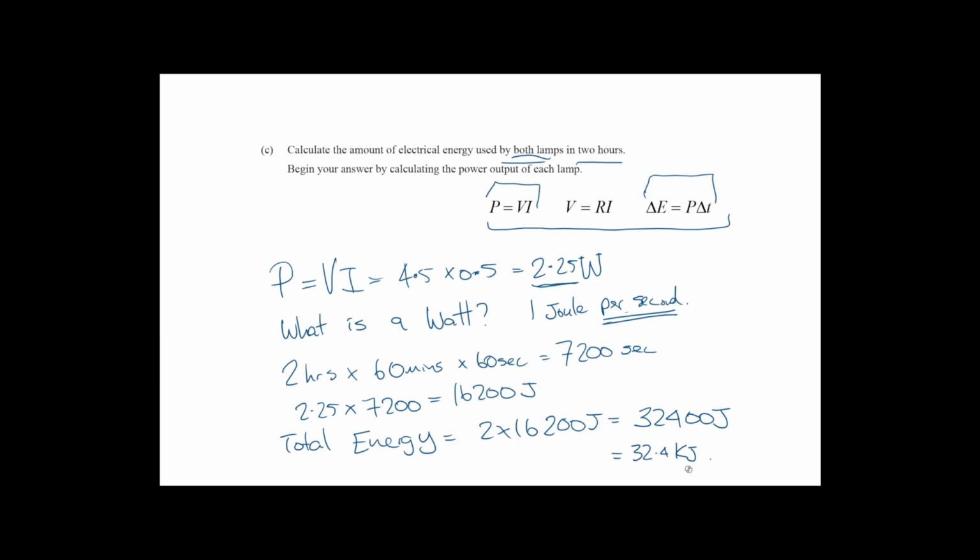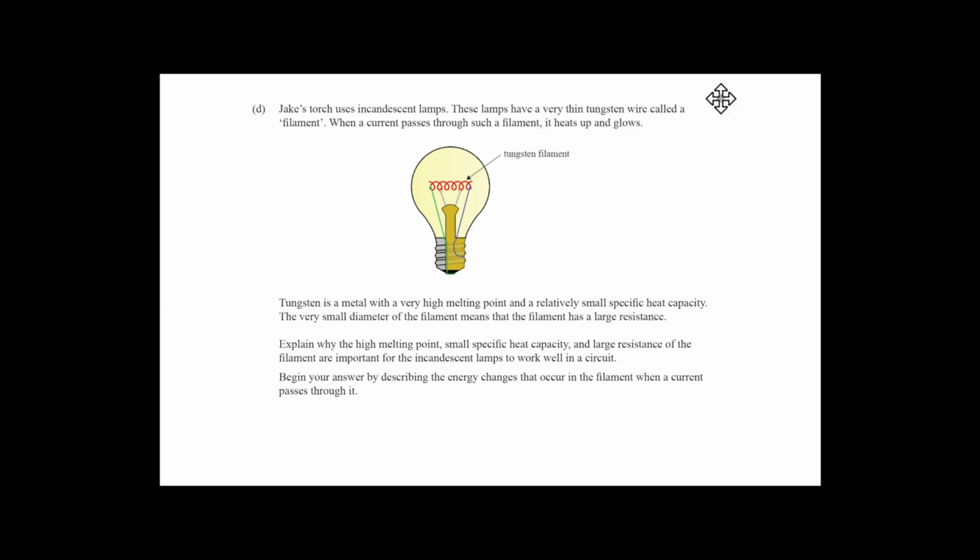I like that question. So now Jake's torch uses incandescent lamps. You don't see very many of these nowadays, but when I was your age, kids, this is all we had. So what happens is the electricity goes through the coils, and they're made from tungsten.